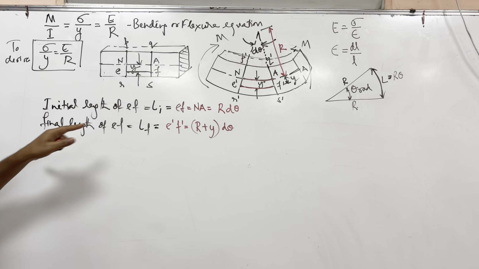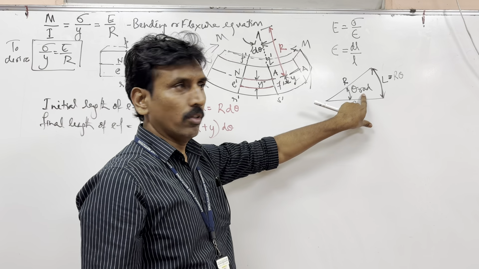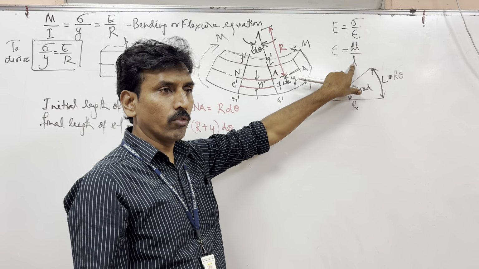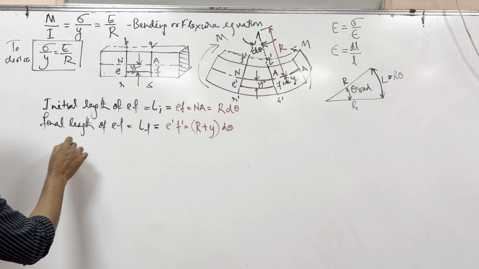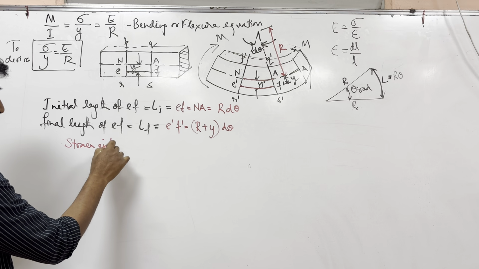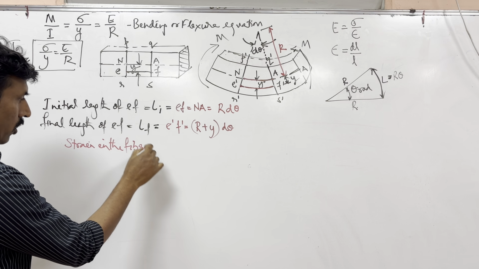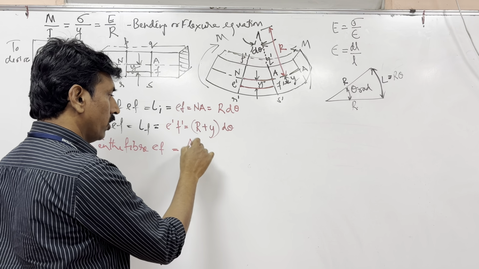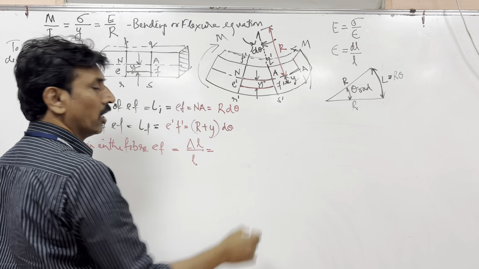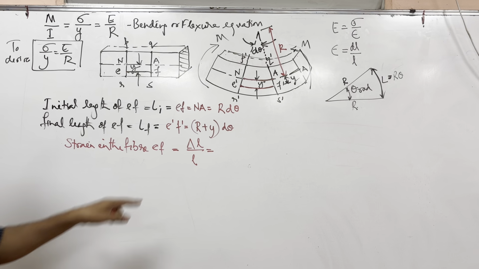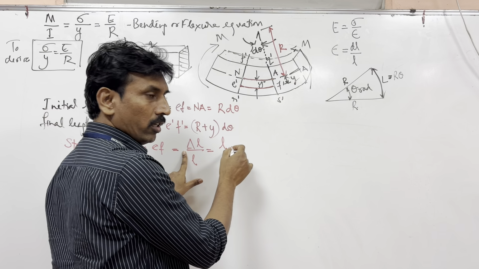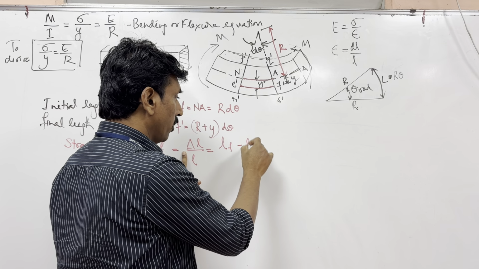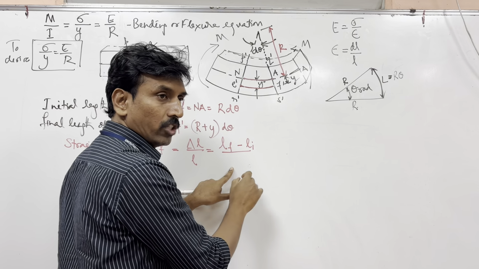Okay. Now we have made use of this. Then we will make use of this. We know strain is nothing but change in length to the original length of the fiber. So strain in the fiber EF is equal to change in length divided by original length. Okay. So change in length is basically Lf minus Li, final length minus initial length, divided by initial length.